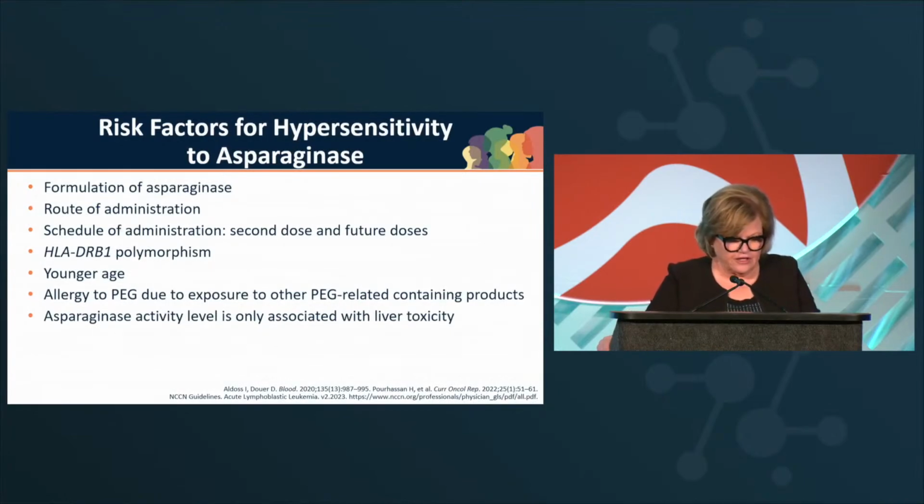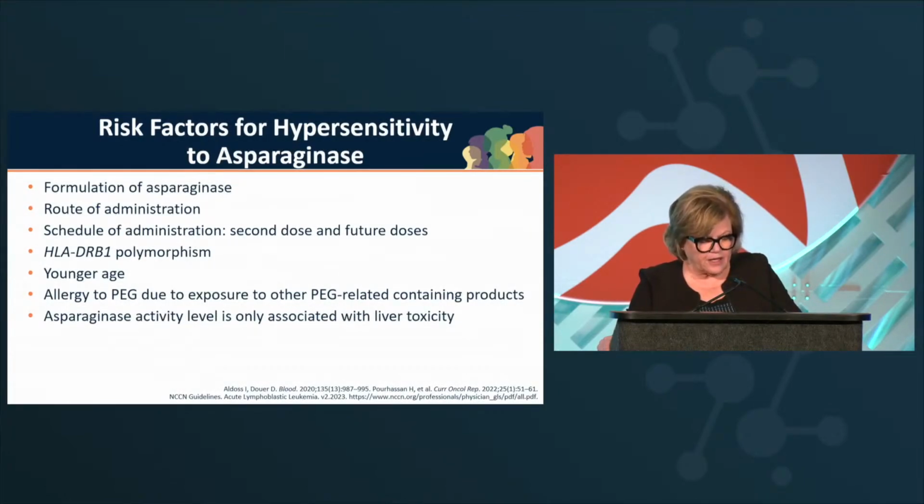Those with the HLA DRB1 polymorphism are more likely to have risk factors for hypersensitivity. The younger age, allergic to PEG due to exposures from other PEG-containing products, and asparaginase activity level is associated with hepatotoxicity.